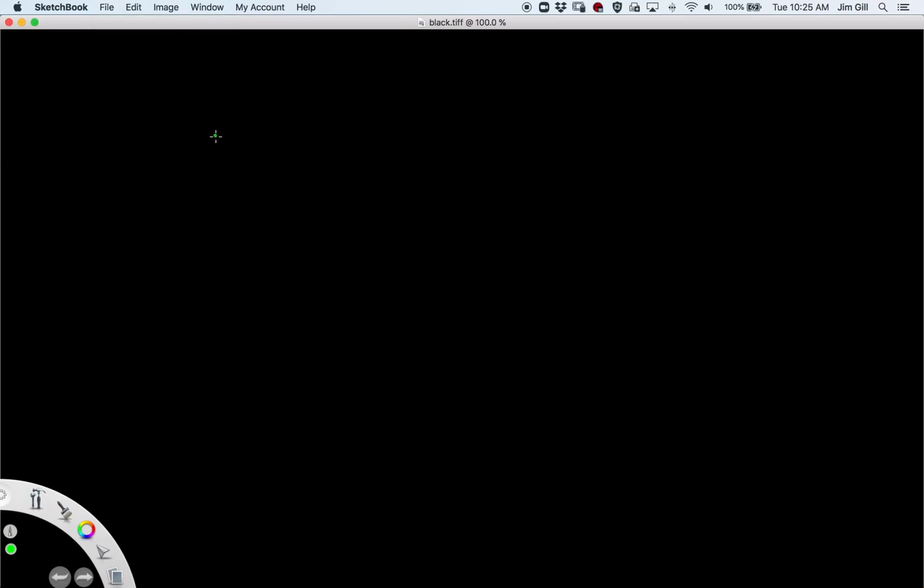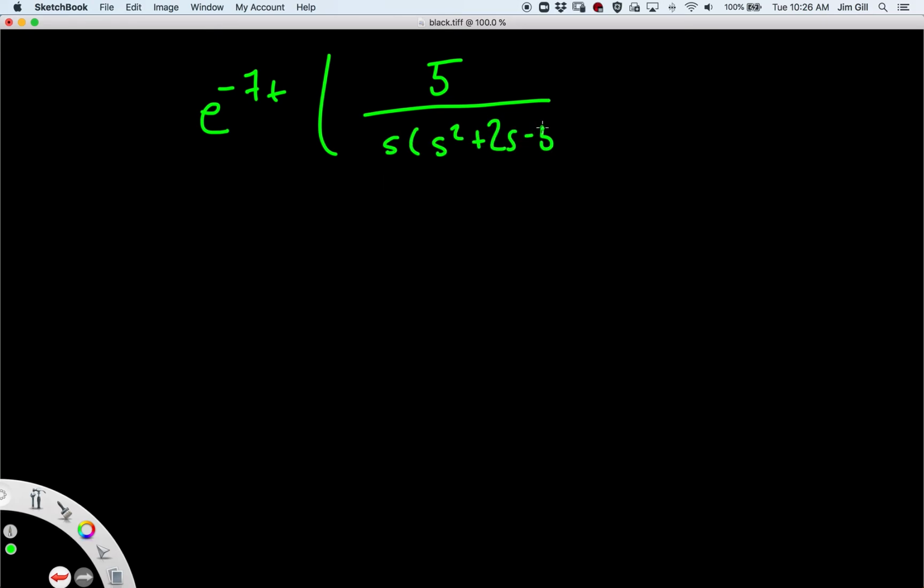There we have, we're looking for the inverse Laplace transform of e to the minus 7s times 5 over s times s squared plus 2s plus 5. If we multiply by an exponential, oh, this isn't a 7t, this is an s. If we multiply by an exponential in Laplace transform world, that corresponds to a time shift.